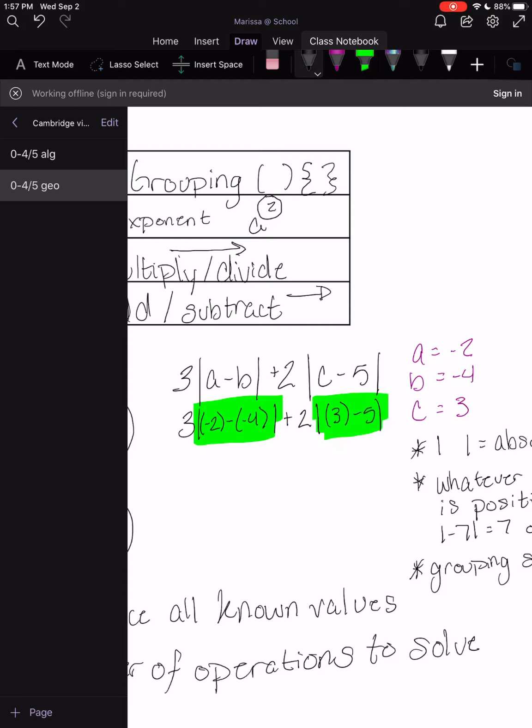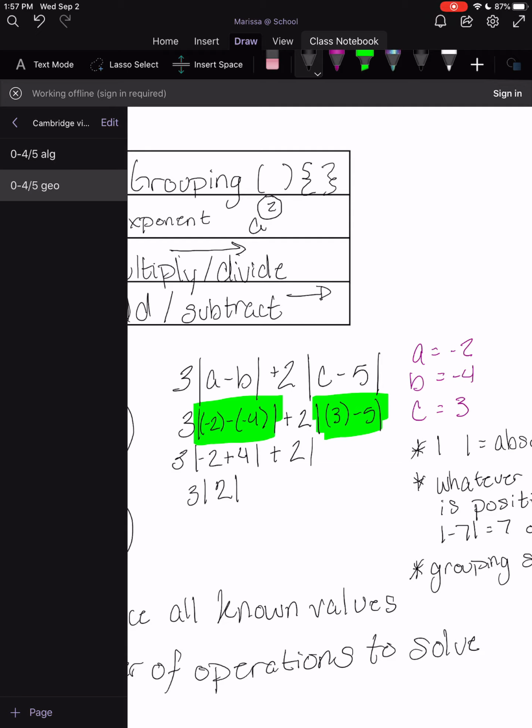So inside my absolute value sign in the first one, I've got -2 minus -4. So I have something that is minus a negative. Hopefully all of you could tell me that means I'm just adding. So I'm adding -2 plus 4, and that would give me a positive 2. So I'm going to leave it there for a second. The next thing that I have on the other side is 3 minus 5.